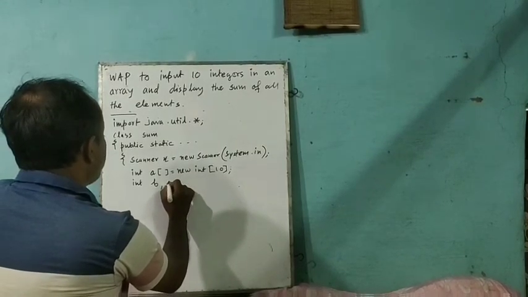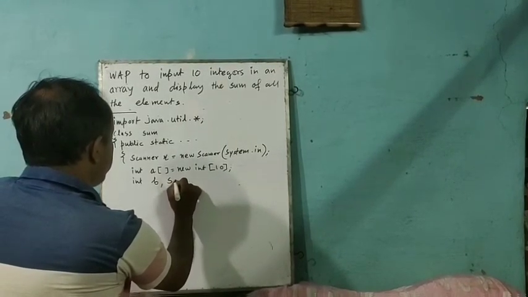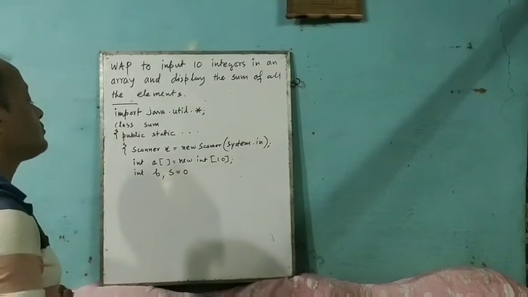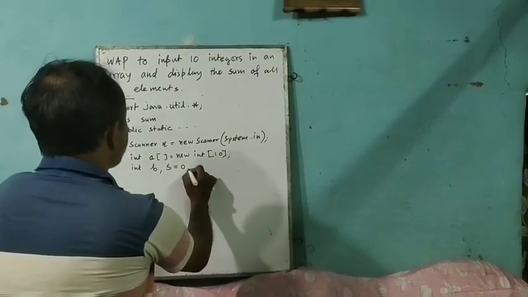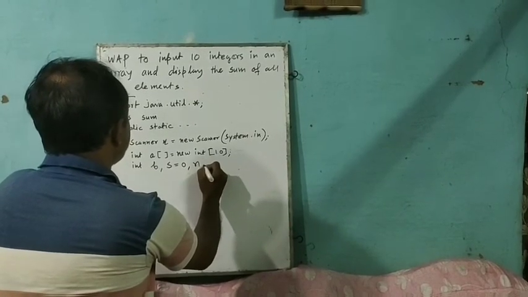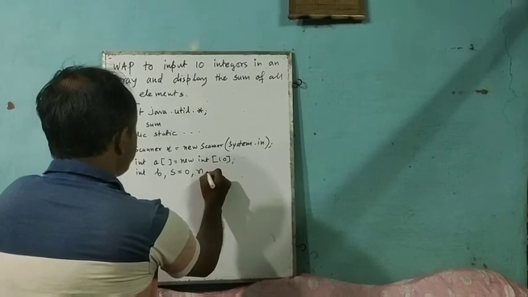We'll take one int variable s = 0, which will be used for sum, and one more variable n, in which we'll take input.